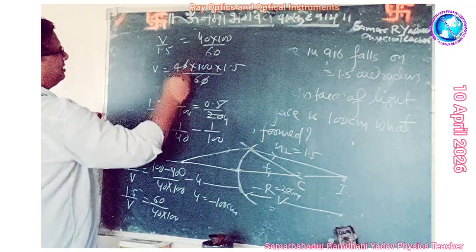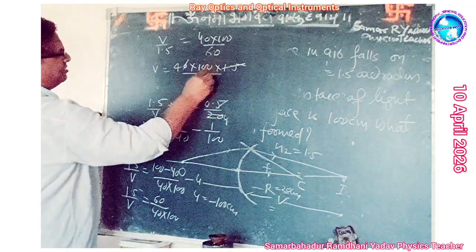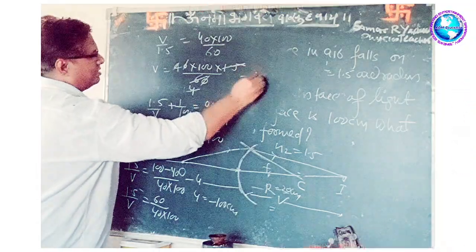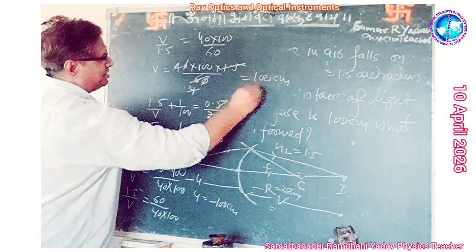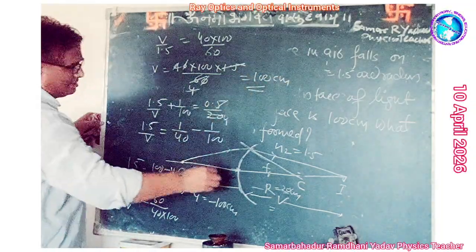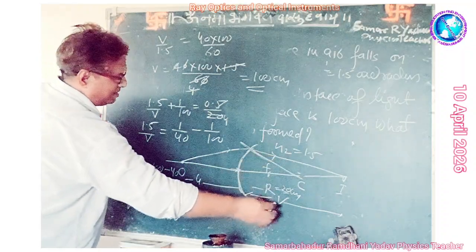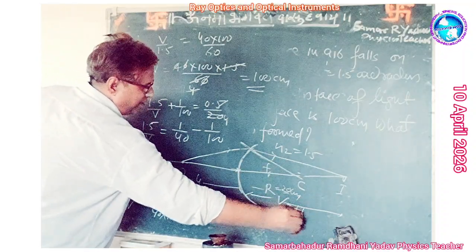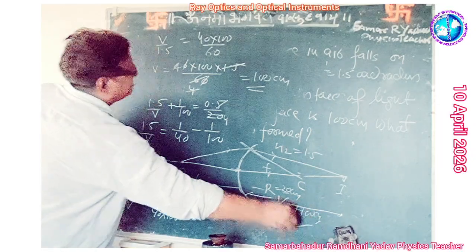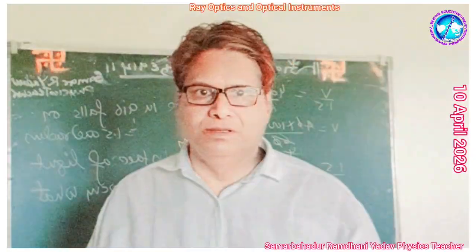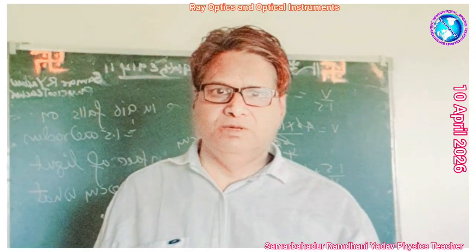This 0 will be cancelled, and this 4 will cancel, so v is equal to 100 centimeter. It means that the image distance is in the direction of the ray, so it is taken as positive, 100 centimeter. So this is the way to understand this numerical.